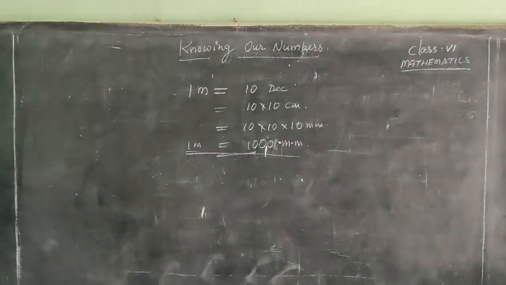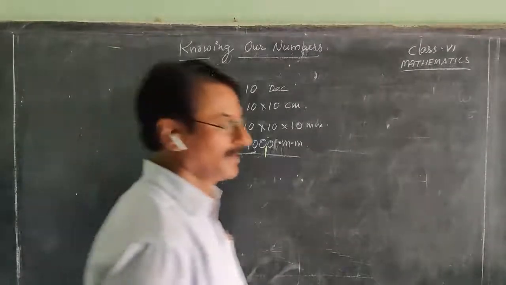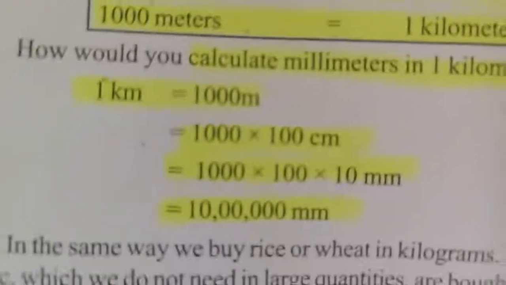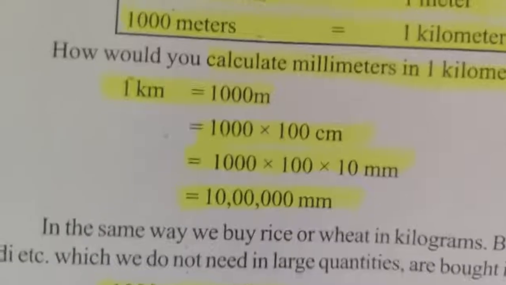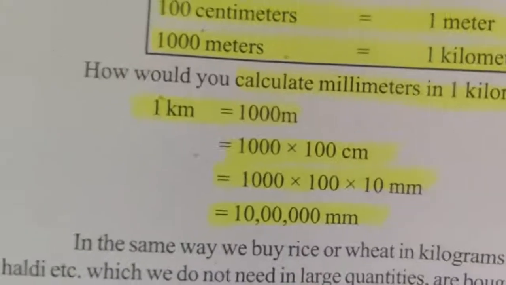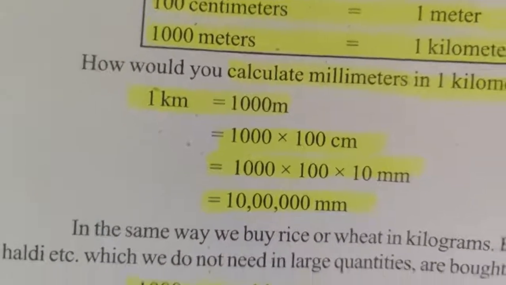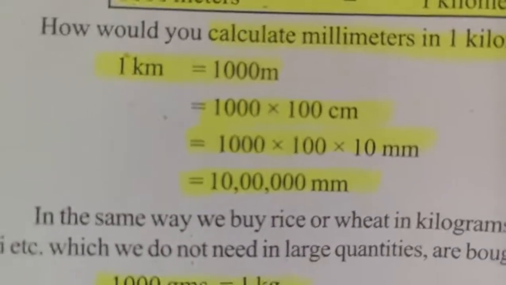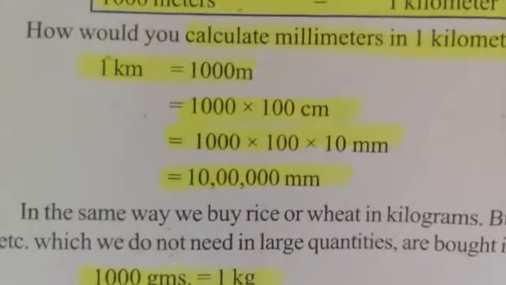Like that, we can change 1 kilometer into millimeters also. Observe how to change it. 1 kilometer is 1,000 meters, 1 meter is 100 centimeters, so 1,000 into 100 centimeters, and 1 centimeter is 10 millimeters.